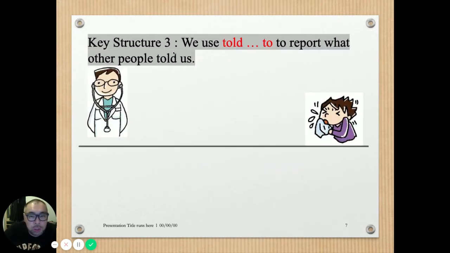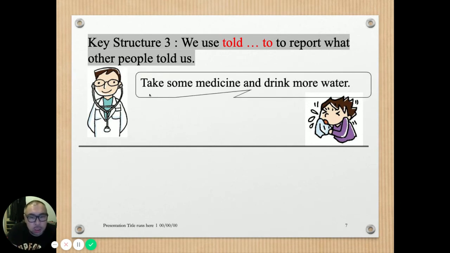So we can also use told to. Take a look. We use told to report what other people told us. And that's usually an advice. Because you go to a doctor and the doctor gives you an advice. They tell you what to do. The doctor will say, take some medicine and drink more water.